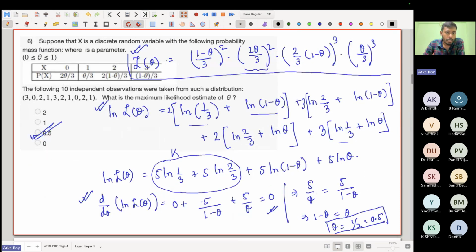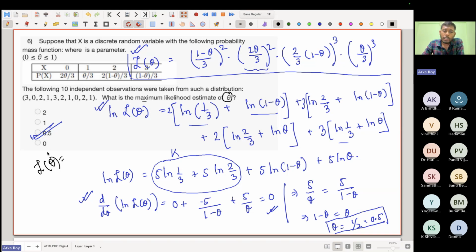Yes. So over here, you can see that you have to find the maximum likelihood for theta. So theta is the parameter of the distribution, and for that you have to find the maximum likelihood. And for that, we were first trying to extract the likelihood function. So that is L theta.